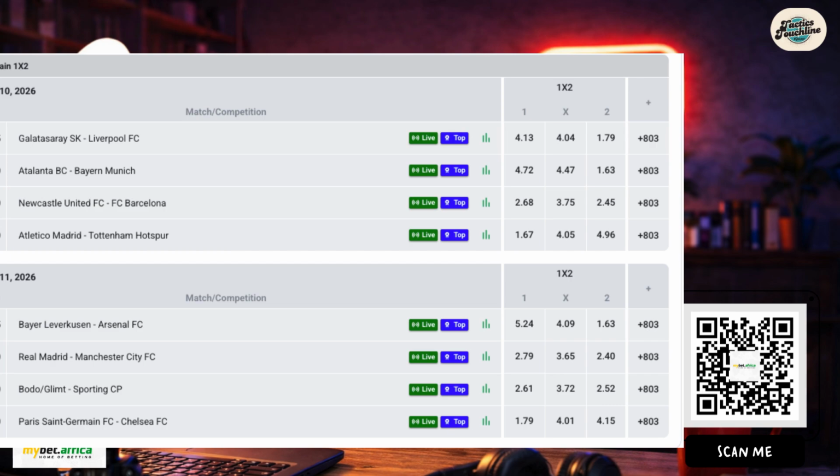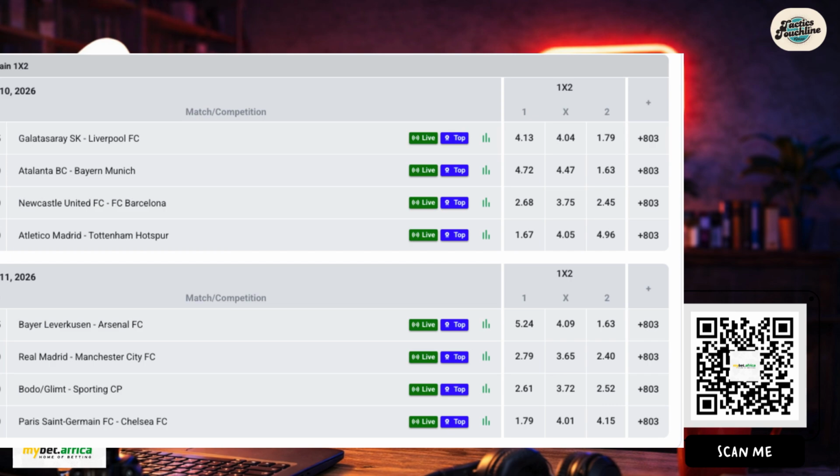So with the options on the odds on MyBet.Africa, Galatasaray against Liverpool, that is 1.79 for Liverpool, 4.13 for Galatasaray. Atalanta against Bayern Munich, 4.72 for Atalanta, 1.63 for Bayern Munich. Newcastle against Barcelona, Newcastle is 2.68, Barcelona is 4.5. Atletico against Tottenham, Atletico is 1.67, Tottenham is 4.96.